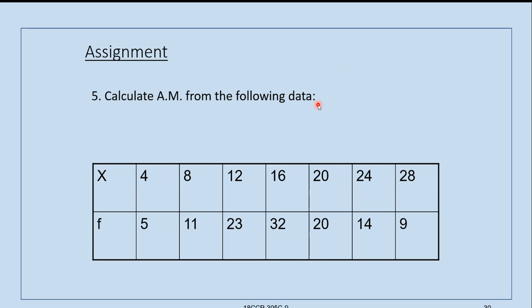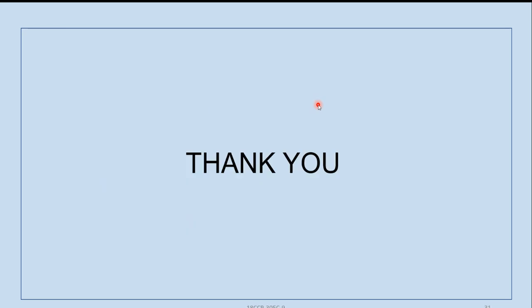Now calculate arithmetic mean from the following data. That is fifth problem. So we have 5 assignments in this lesson. You please attempt all these 5 assignments in 2 methods, that is direct method and shortcut method. So with this, we have come to the end of this lesson.